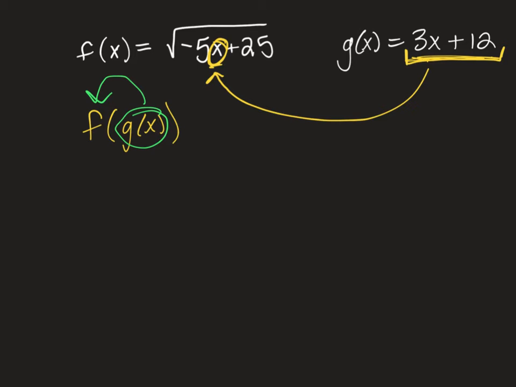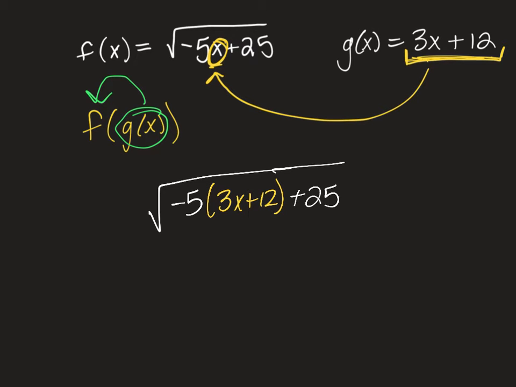So again, we're replacing this x with our 3x plus 12. So we've got the square root of negative 5 times 3x plus 12 plus 25. So we're going to do the distributive property here. We're going to multiply that 5 through.